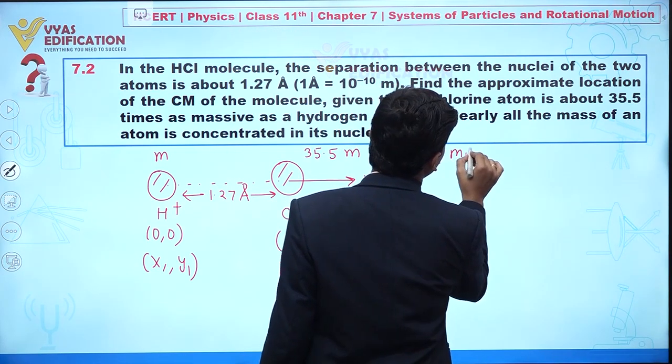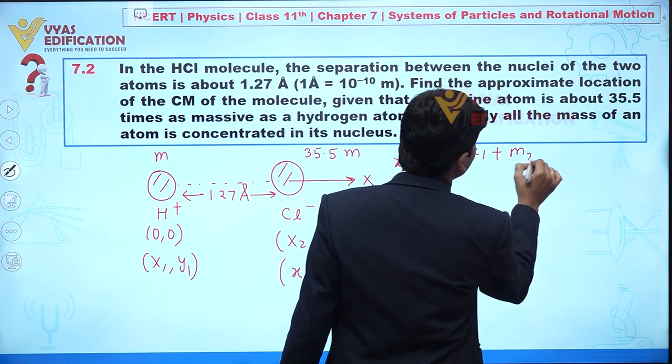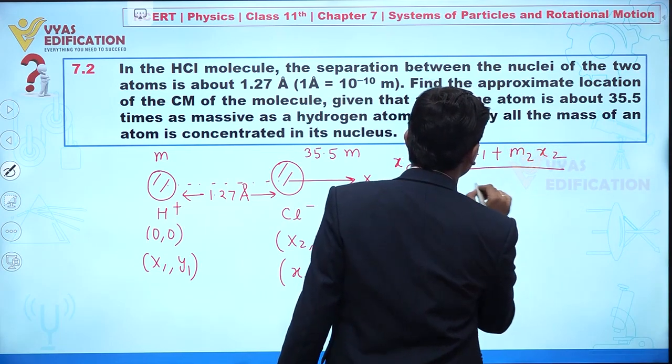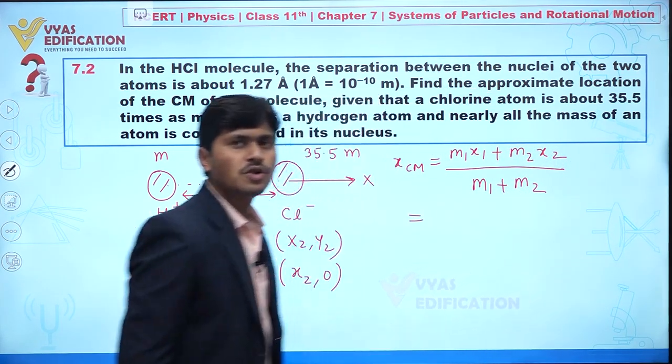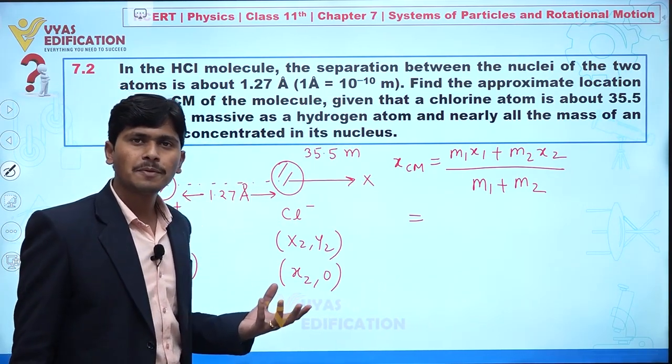The x center of mass is given by m1 x1 plus m2 x2, divided by m1 plus m2.